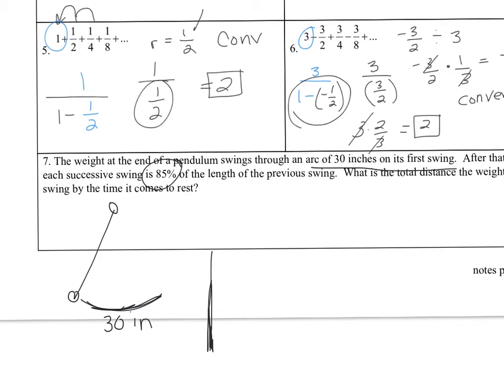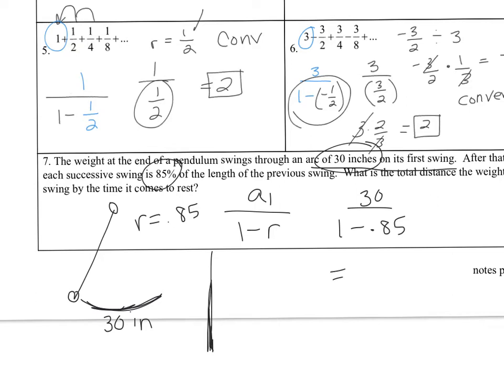So I'm going to do a sub 1 over 1 minus r. So a sub 1 is the first arc length. And then my r is 0.85, and it's definitely converging because the absolute value of that number is less than 1. So it's going to be 1 minus 0.85. So I'm going to calculate that.